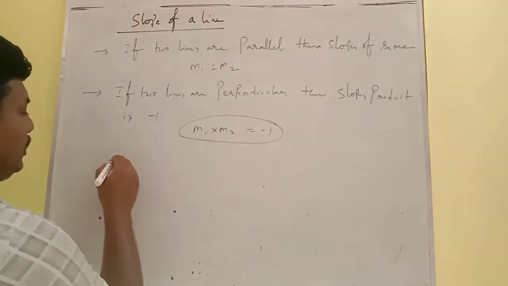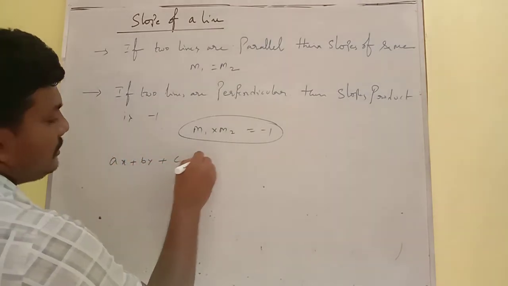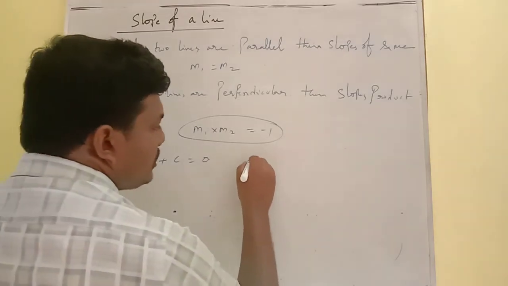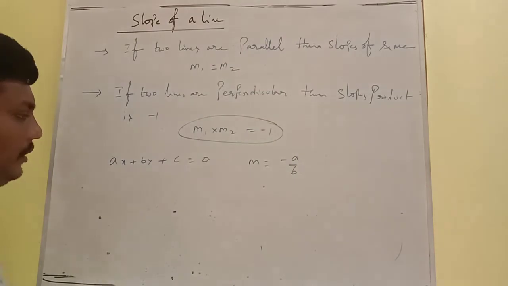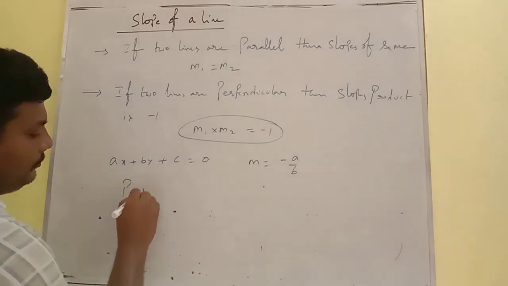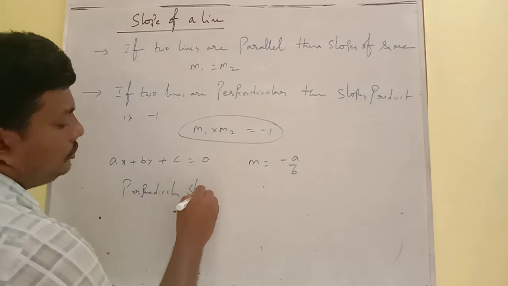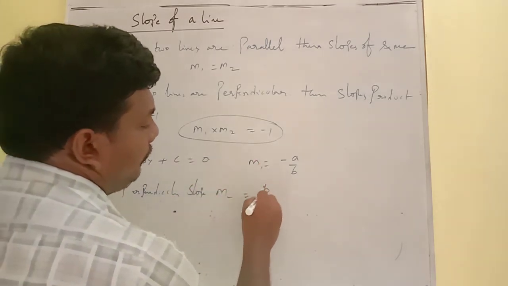Take ax plus by plus c equals 0 as a line whose slope m is equal to minus a by b. The perpendicular slope m2 is b by a.